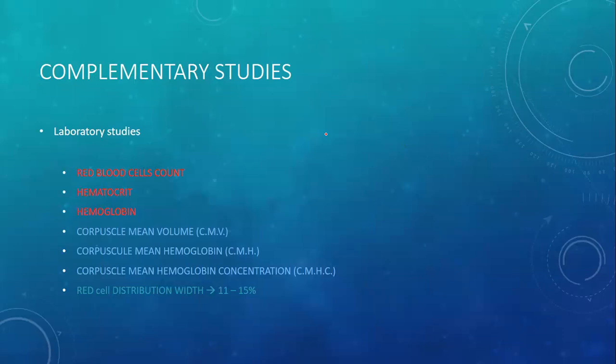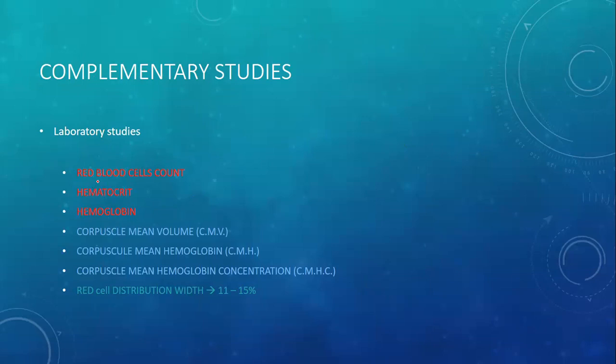Okay, let's go on. So how do we study anemia? You also know about this. I mean, we are going to have some laboratory studies, right? And the ones in red are the three that you're going to get your report with. Always.